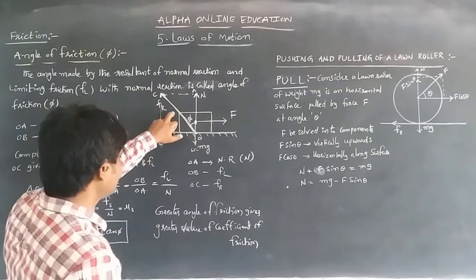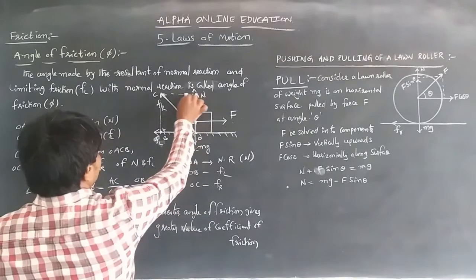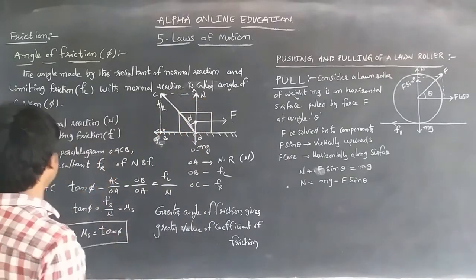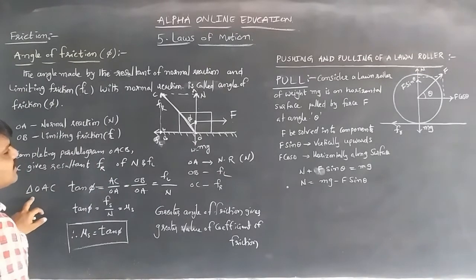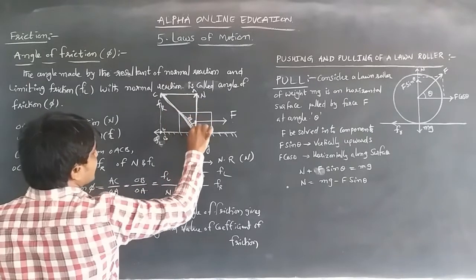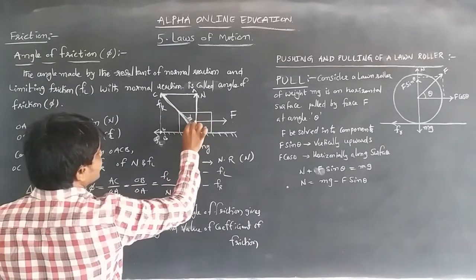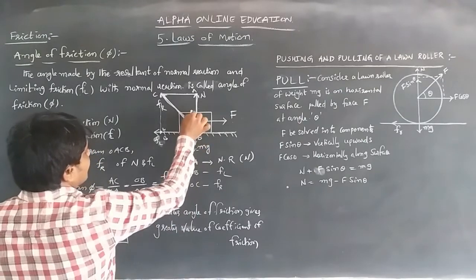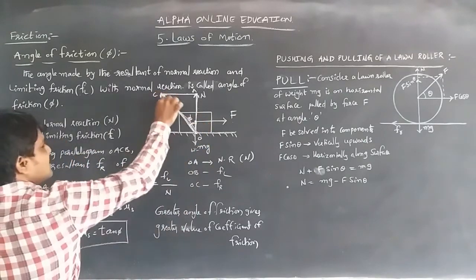When we draw the parallelogram and resolve this, we consider triangle OAC, because of the angle made by this one. So we know that tan phi is opposite by adjacent.